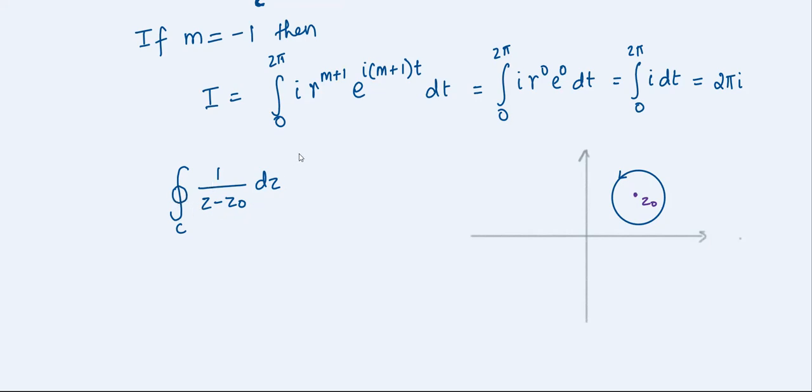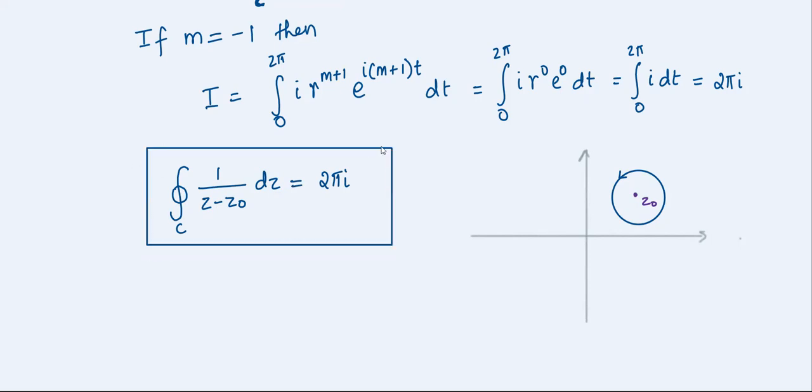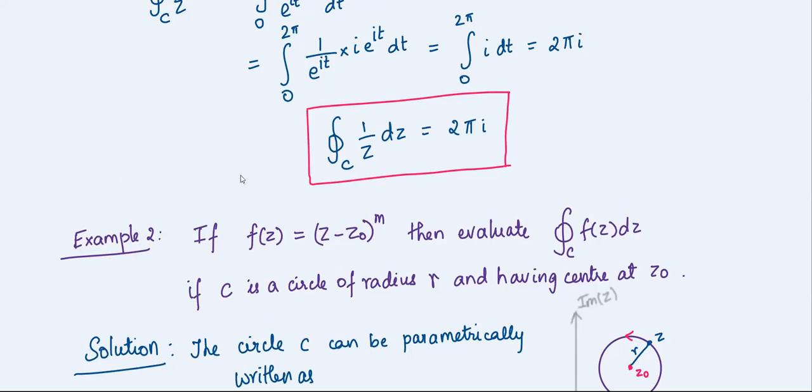So the integral of 1 by (z minus z naught) dz is equal to 2 pi i. Just look at the previous one: integral of 1 by z dz equal to 2 pi i when this path had the center at origin.